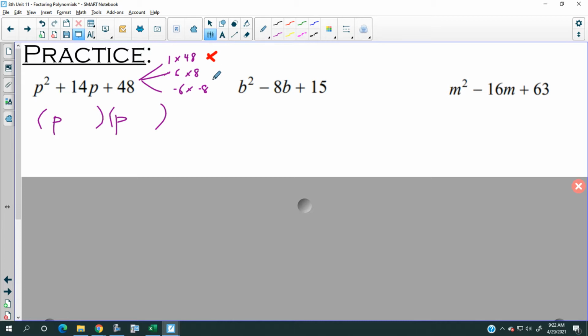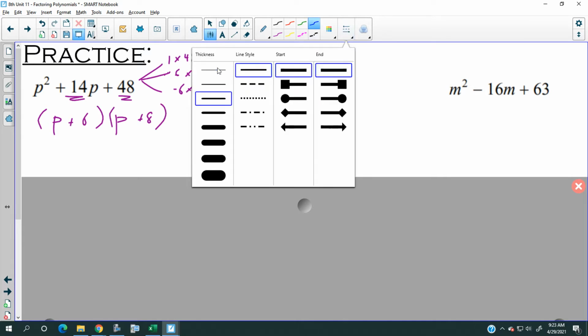That's just never going to happen. So that leaves us with this. Then p times p is p squared, 6 plus 8 is 14, and 6 times 8 is 48. Okay? All right.